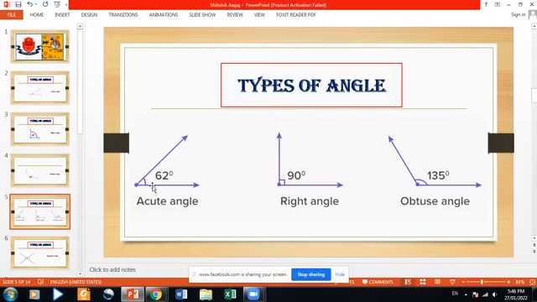There is an apparatus to measure the angles. That apparatus is known as a compass or even a semicircle.